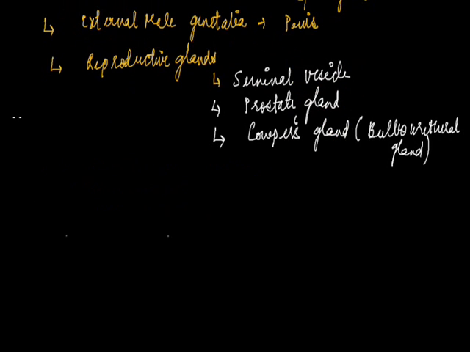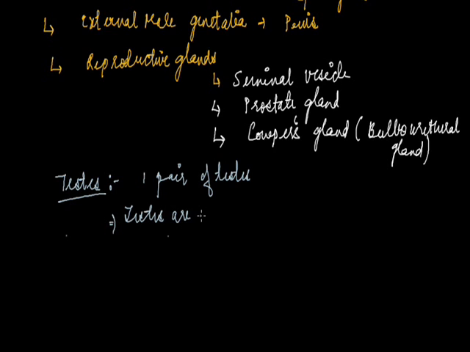So first we will begin with the male sex organ, that is the testis. As I already told you, one pair of testes is present in the male. The testes are located in a pouch known as the scrotum, outside the abdominal cavity.